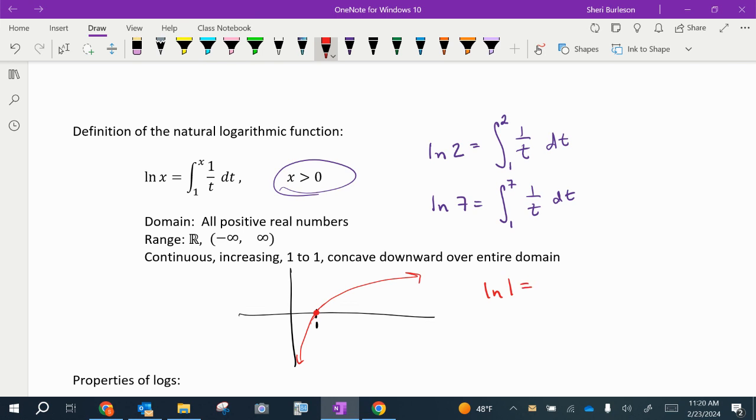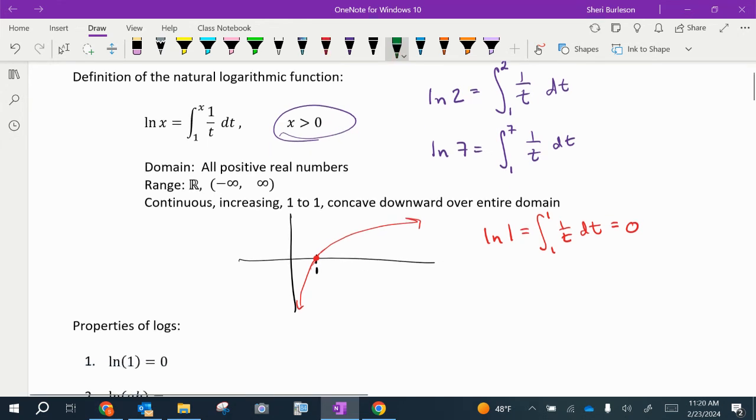Natural log of 1, if I use the definition, is the integral from 1 to 1 of 1 over t dt. And when I take the integral over an interval of length 0, we get 0. So we see what we knew about the natural log function is true with this new definition. We still get natural log of 1 is 0.